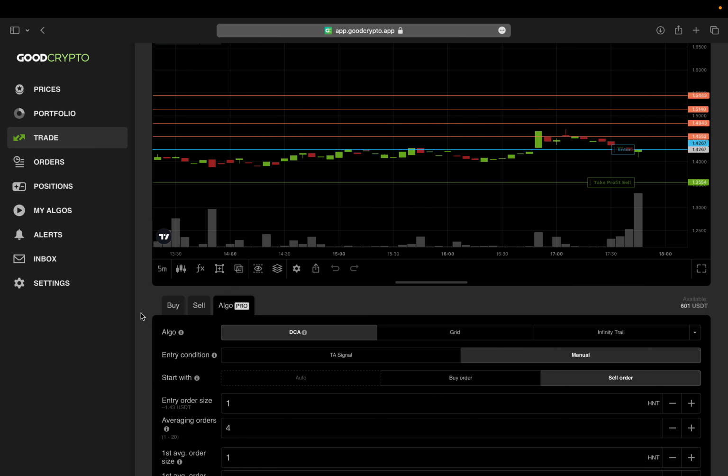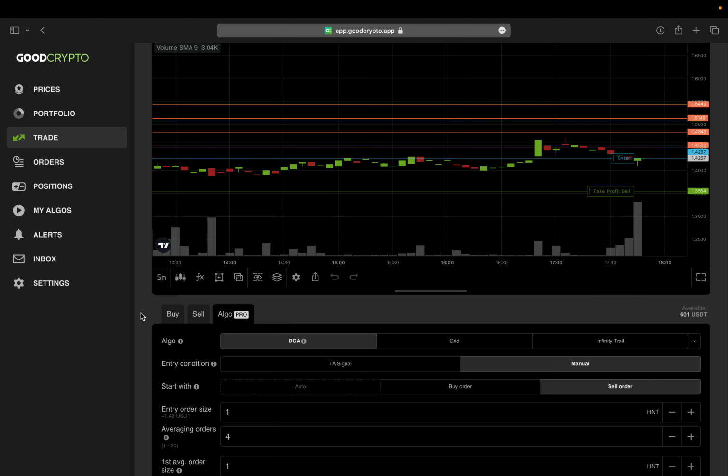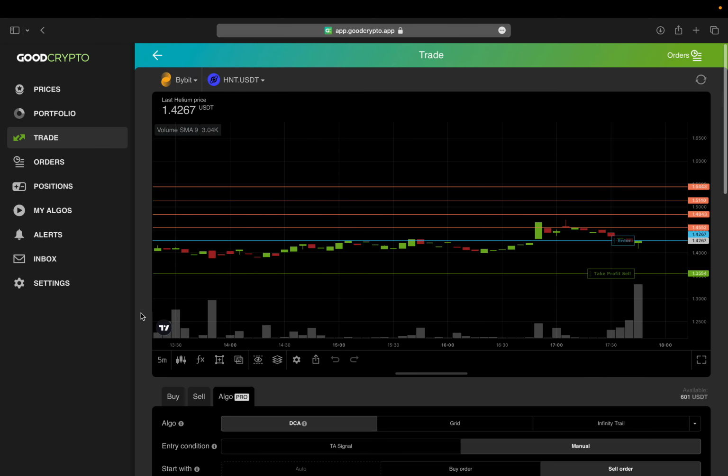Second scenario is use the DCA as multiple take profits. So basically, you can choose any number of your sell orders here. You can choose any size for them, and their steps between them also can be set up pretty easily, right?